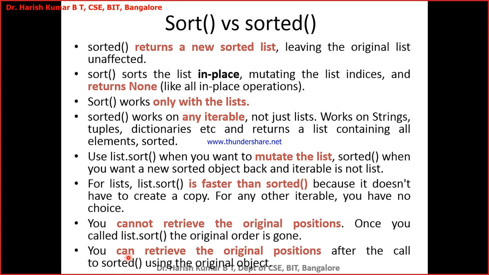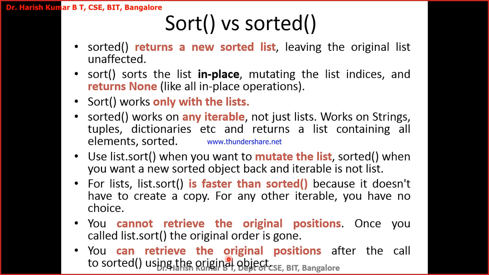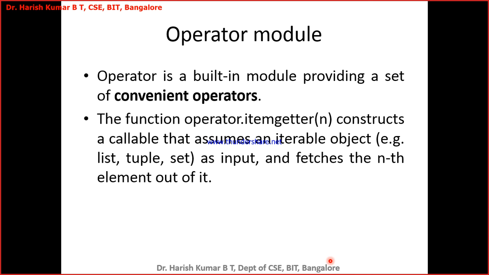And when you are using the sorted function, it is always possible for you to retrieve the original positions, because it's not modifying the existing iterable. Instead it is returning a new sorted object. Okay, so these are a few things.